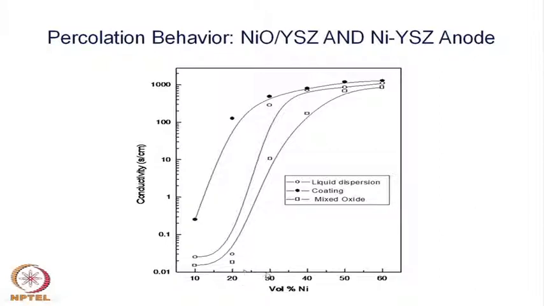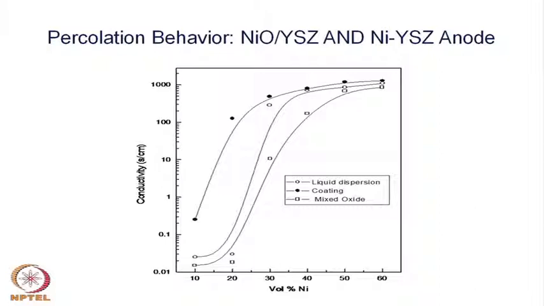Let us say if you are talking about 30 volume percent of the nickel, you can see the conductivity is much lower for the samples prepared by solid state mixing, whereas the liquid dispersion technique has a slightly higher conductivity, and the coating technique which I have discussed just now has a much higher conductivity, and that is a very interesting observation, because you have a continuous network, and in other cases you really do not get a continuous network.